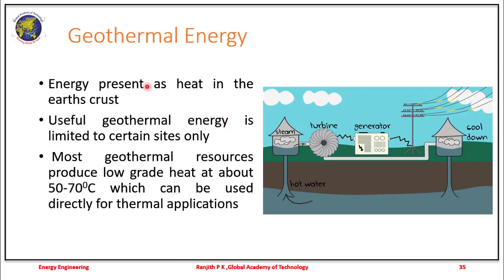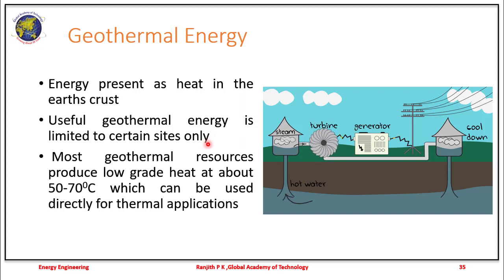The next form of green energy is the geothermal energy, which is the energy present in the form of heat in the Earth's crust. So this energy could be utilized to generate power at zero emissions, and hence is one of the alternatives. However, it is very limited to certain sites only.